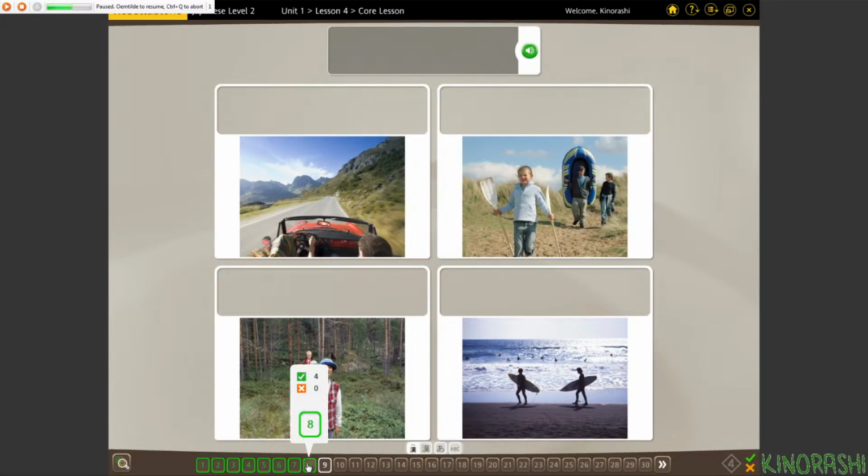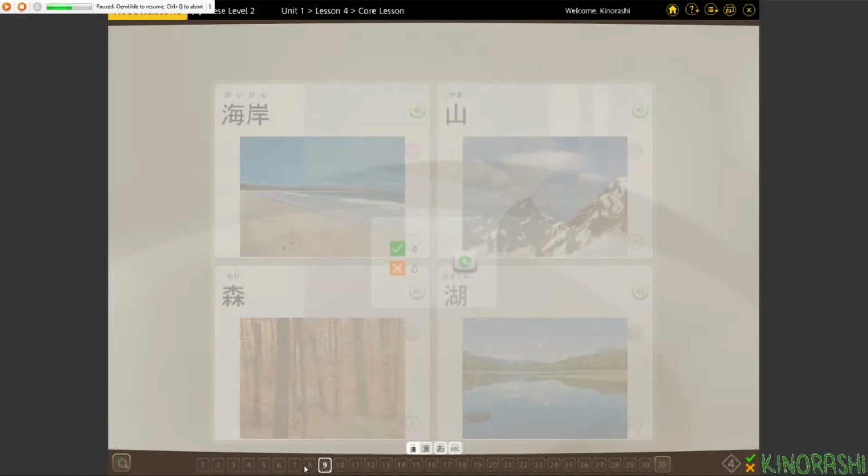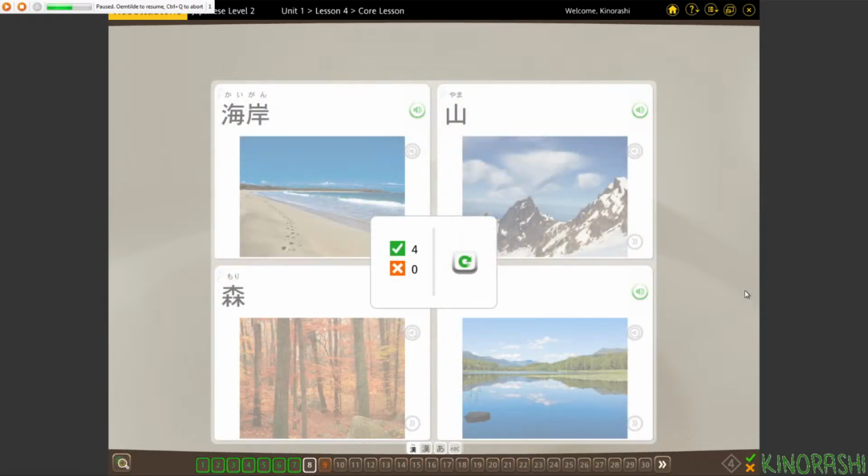彼らは湖に行きます。Okay, one of them looked like a river, the other looked like a lake. So let's just look it up. Mizumi. Japanese to English.